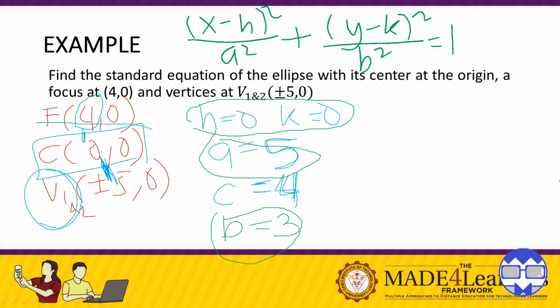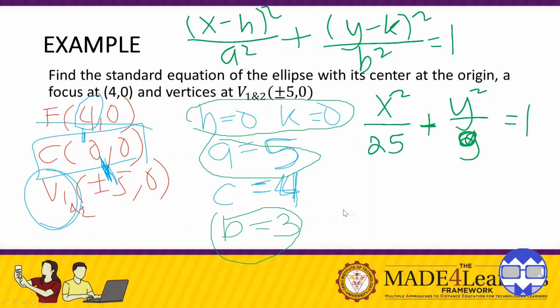Using substitution, x minus h is x, so we have x squared over a squared, the square of 5 is 25, plus y minus k is y, so y squared over b squared, 3 squared is 9, equals 1. That's the answer. This is the standard form: x squared over 25 plus y squared over 9 equals 1.